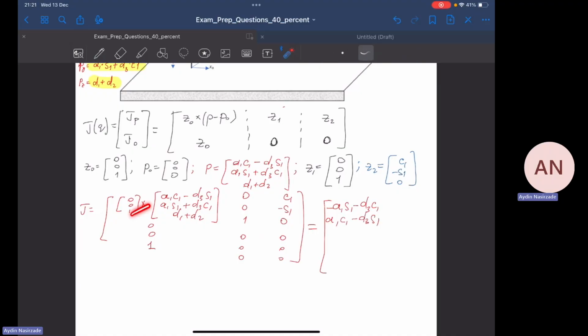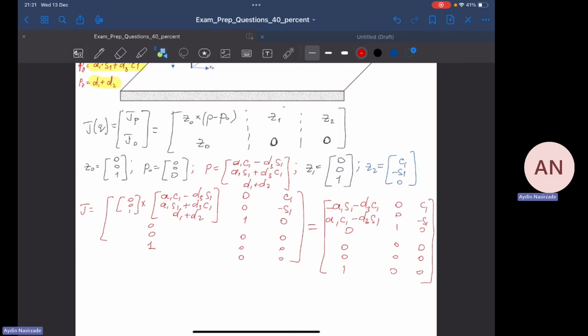I multiplied these two elements and subtracted this one. And then A1 B2 minus A2 B1. So it becomes 0, 0, 0, 1, 0, 0, 1, 0, 0, 0, cosine of theta 1, minus sine of theta 1, 0, 0, 0, 0. That's it.